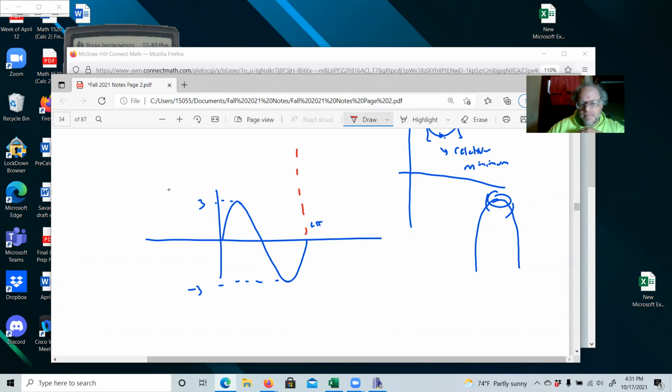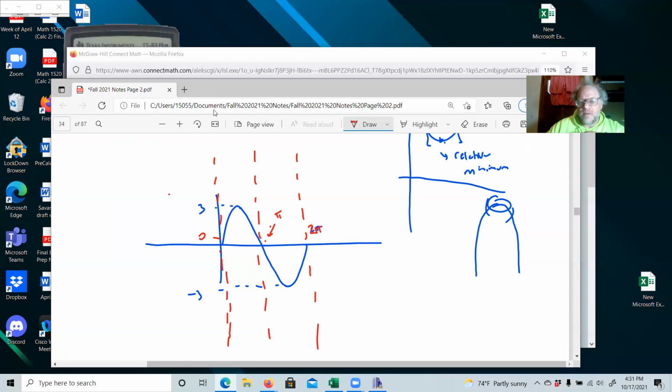What's this point? This point is pi, right? And there's an asymptote here. This point is 0. So this is 2 pi, pi, and 0. There are the places where asymptotes are.